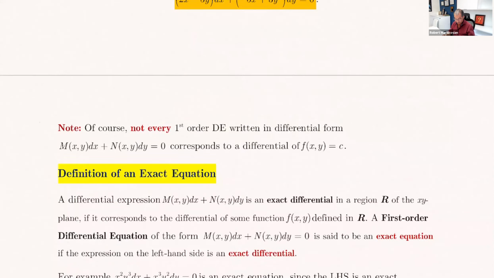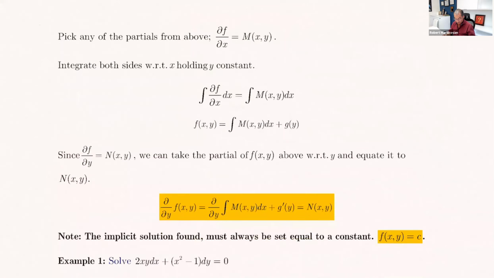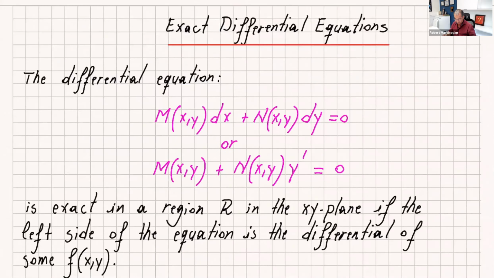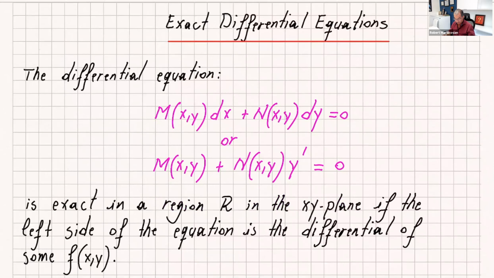Now let's see how we can solve some equations. Before I go to the next one, I went over some other notes here that I want to share with you, then we can do some examples.